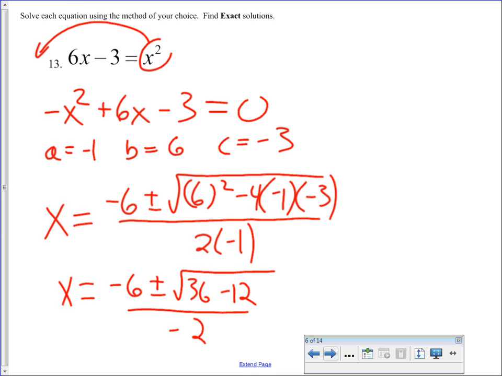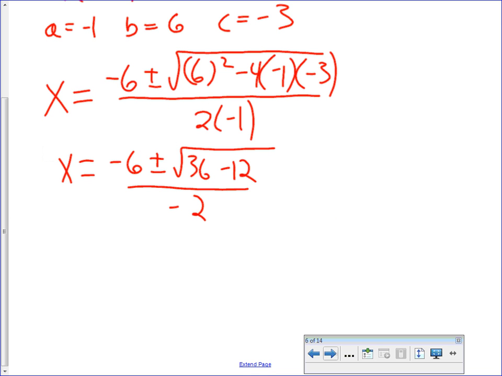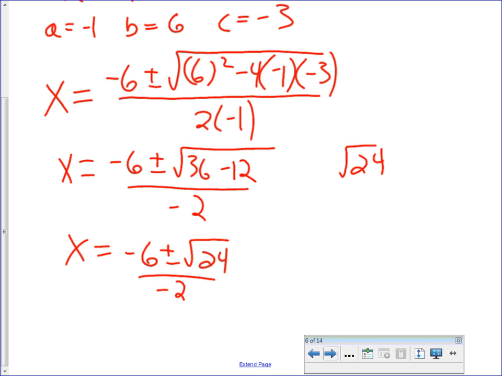over negative 2. And you have to be careful here. It's a negative times a negative, which will give you a positive, so it's minus 12. Now, we can reduce the square root of 24.